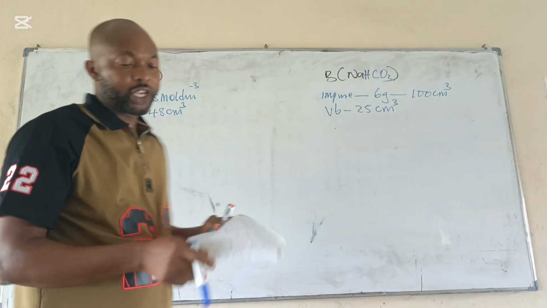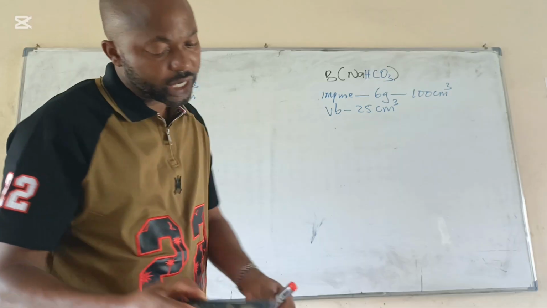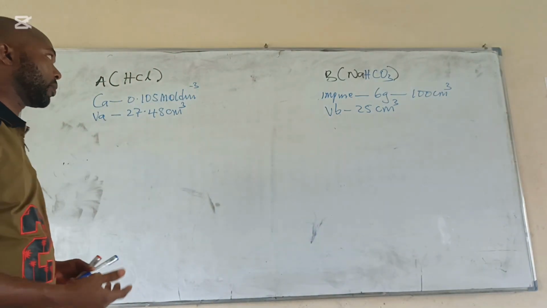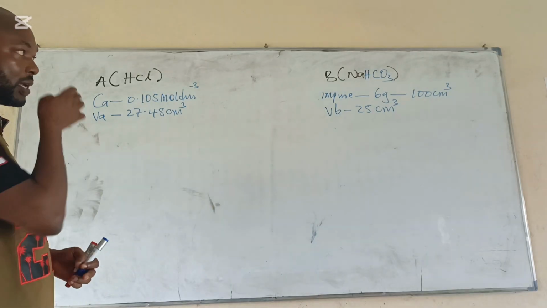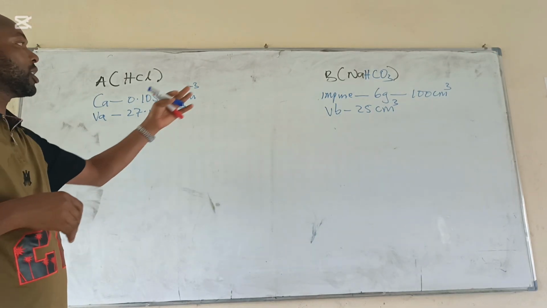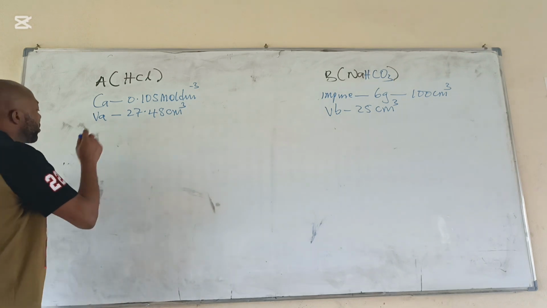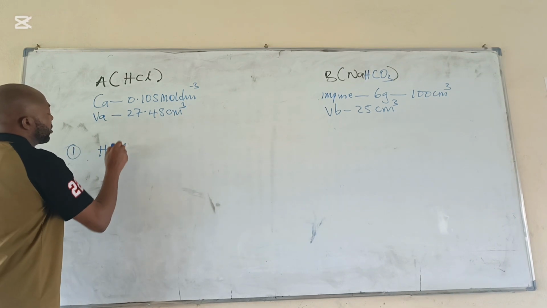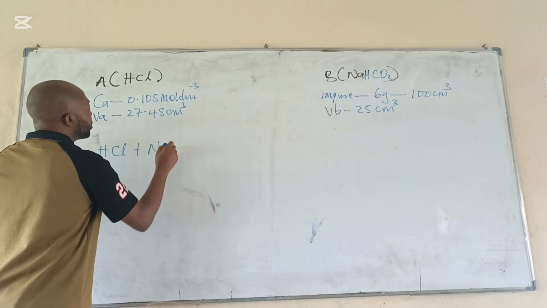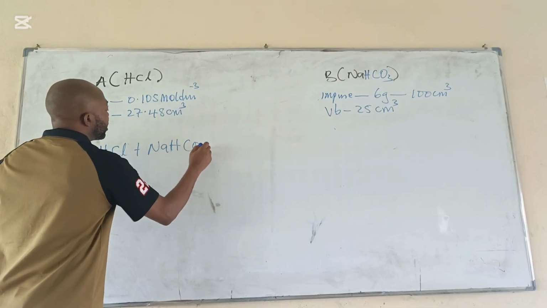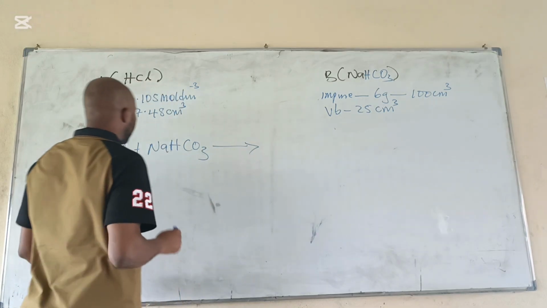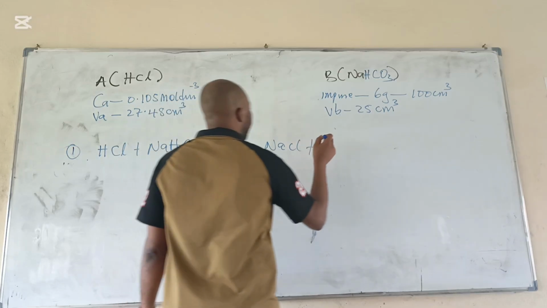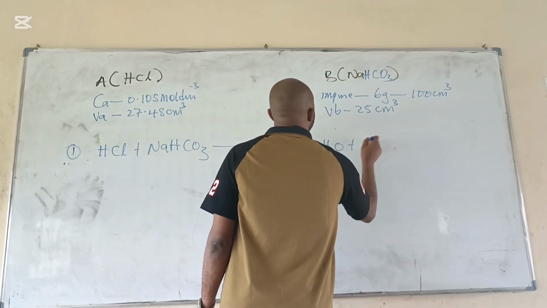Write a balanced equation. Before we can even begin to calculate the concentration of the base in mole per dm cube, the balanced equation is essential. Probably that's the reason why they're asking us to balance it, so that we'll be able to know the number of moles of the acid and the number of moles of the base. So the first question is a balanced equation of the reaction, which is HCl plus sodium hydrogen trioxocarbonate(IV) will give us sodium chloride plus water plus CO2.